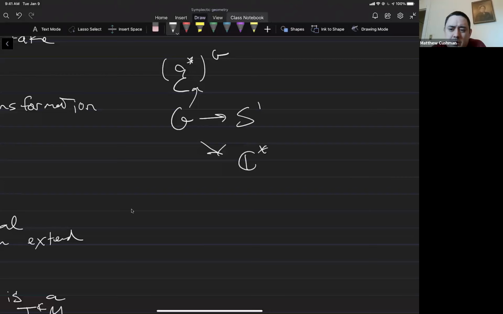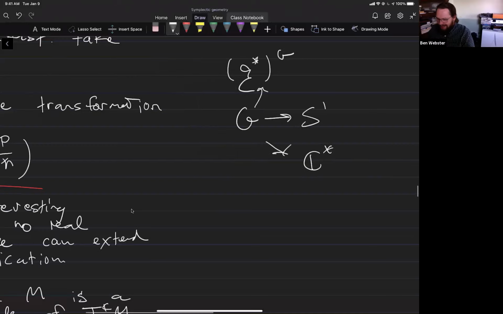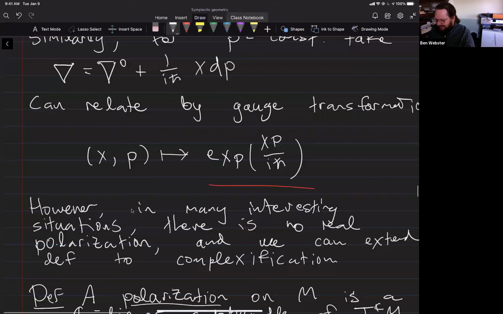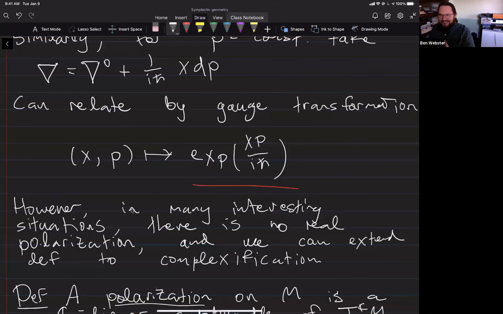Isn't there also a problem that if you have a polarization, you might not have any parallel sections? Like the leaves are not simply connected or something. You could just have zero. There are tons of problems. Okay. I am planning to get to all of that stuff, but yes, it's troublesome.